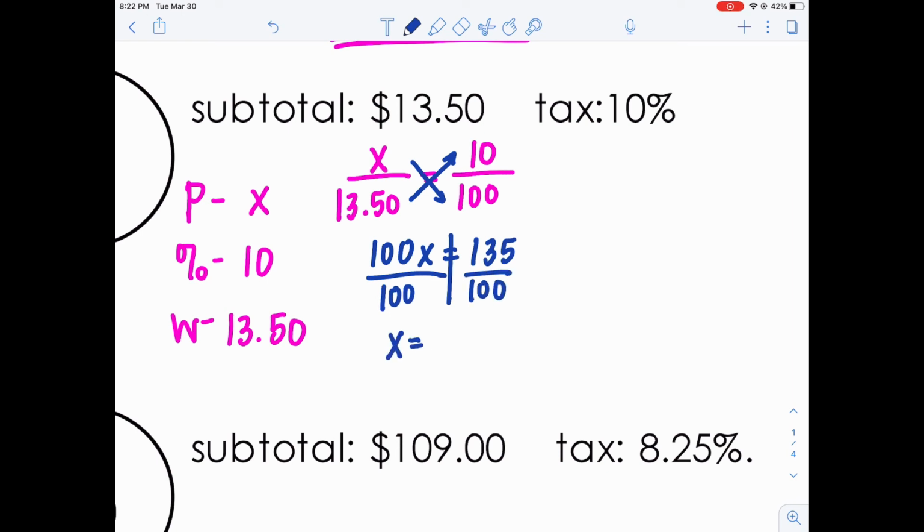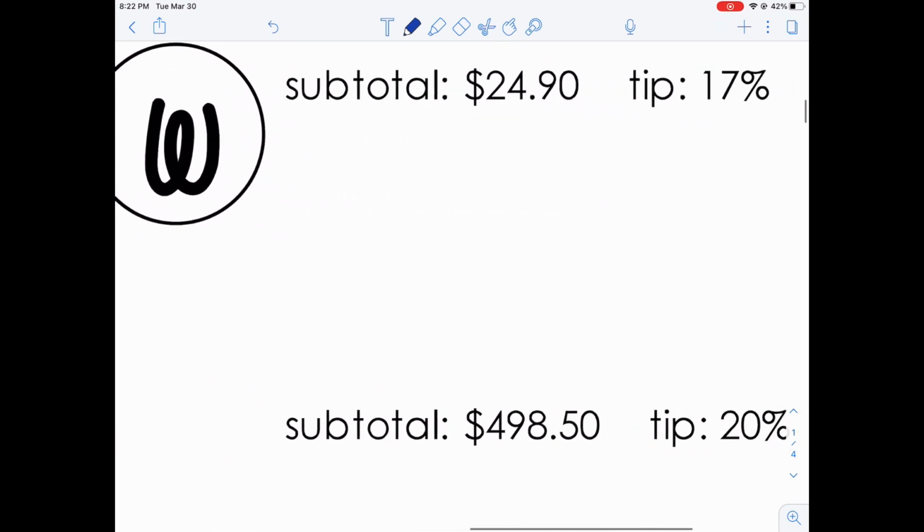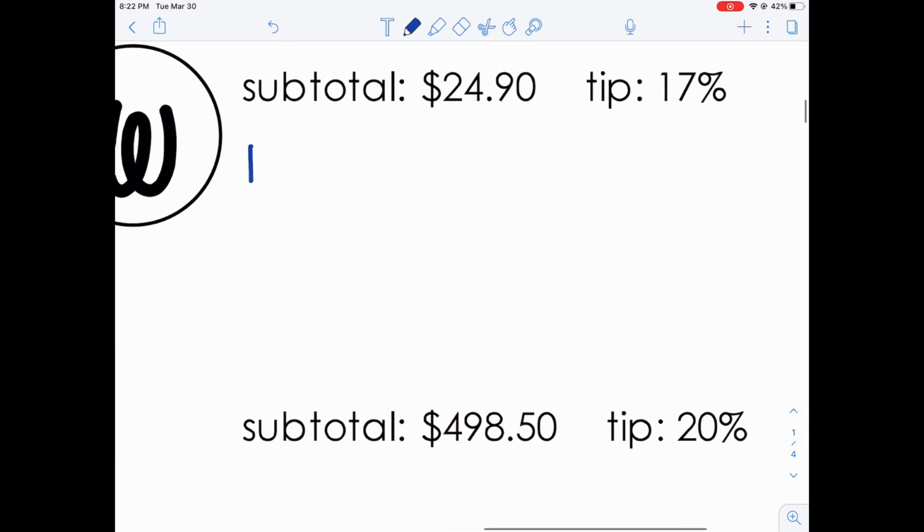When I divide both sides by 100, I get X equals 1 35/100. Now we are talking about money, so to say this correctly, $1.35. This is the amount that I am paying in tax, the dollar amount that I am paying in tax. Remember, money is always rounded to 2 decimal places.